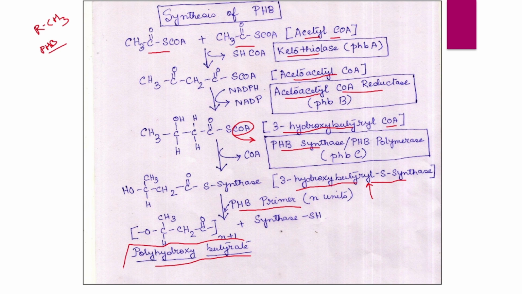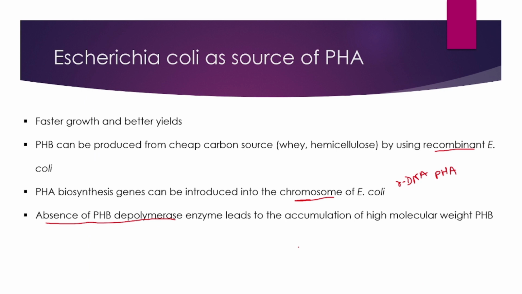So for forming this polymer, you need to stop the depolymerization activity. This depolymerase enzyme needs to be inhibited so that it does not affect the polymerization of PHB. So this is a very important criterion.